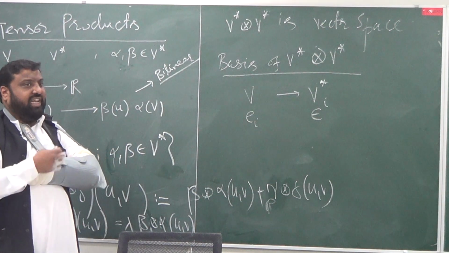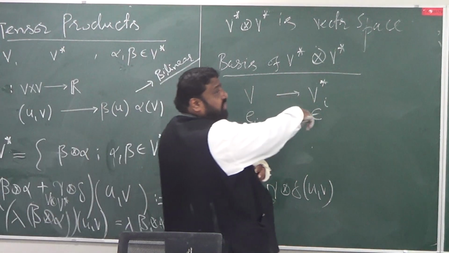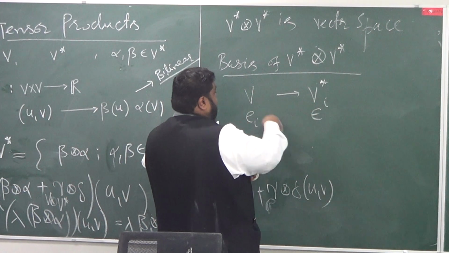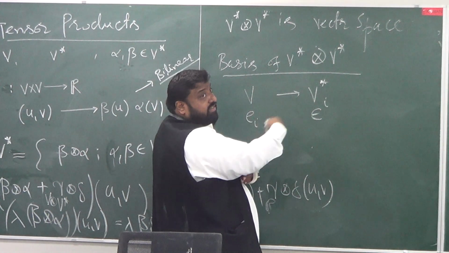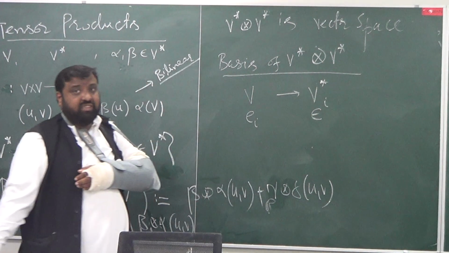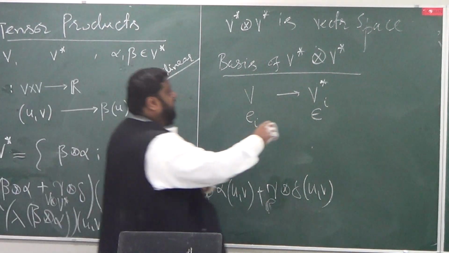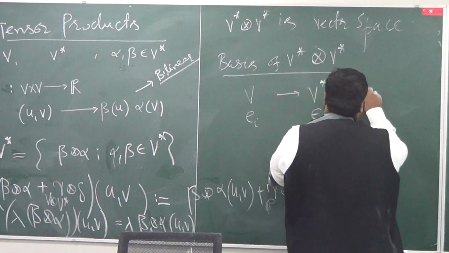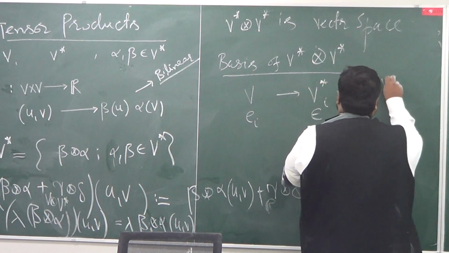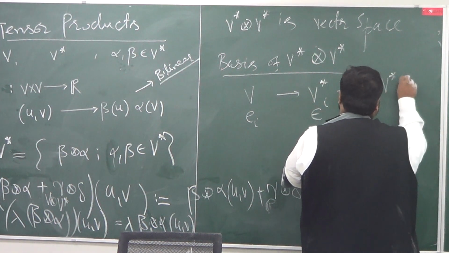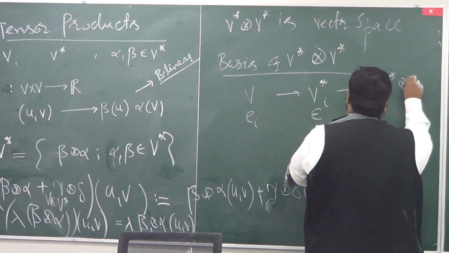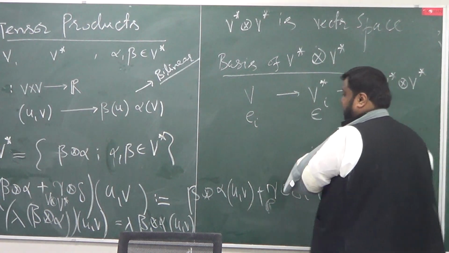So I'm not just taking any random arbitrary basis. These are the epsilon i's such that when you operate them on e_j, they give you the Kronecker delta. Question: from these, can I have the basis for V star tensor V star?